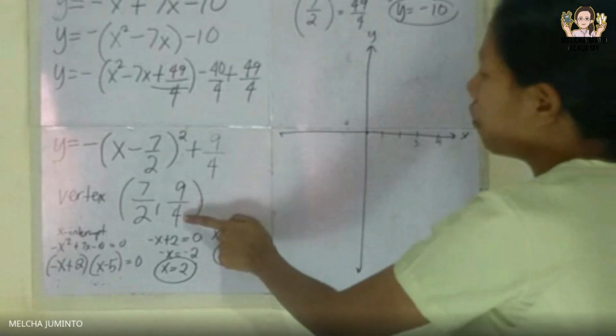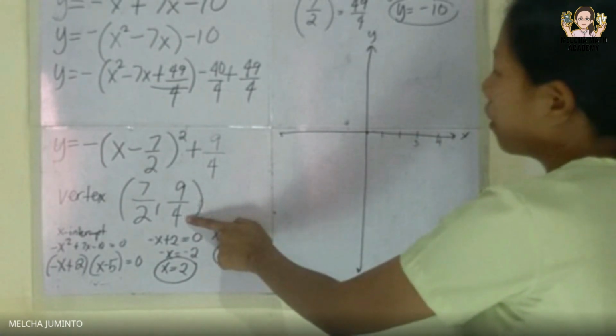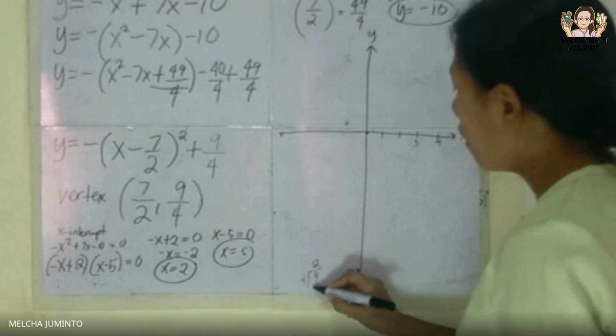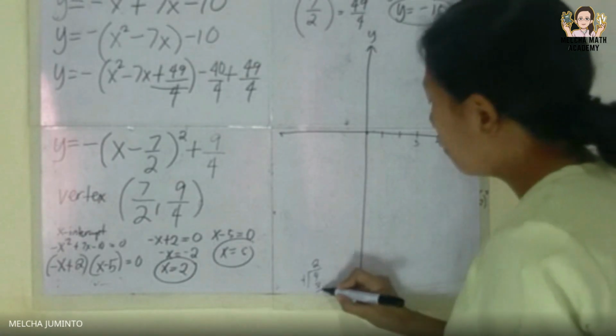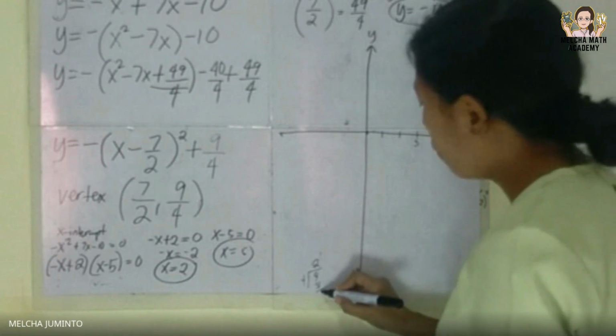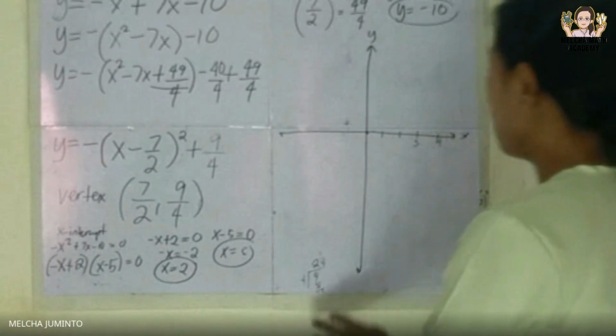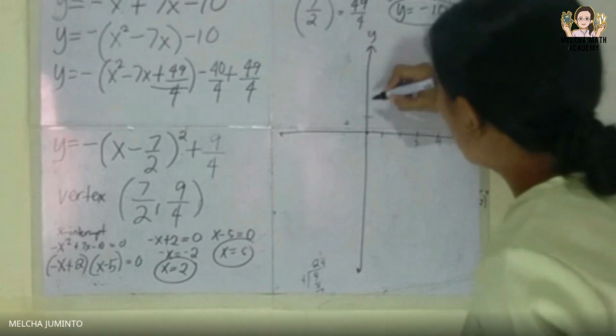And then 9 over 4 is 9 divided by 4, 2 and 1 fourth, sorry. 2 and 1 fourth, so positive also.